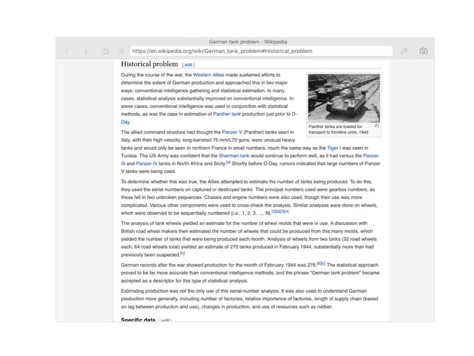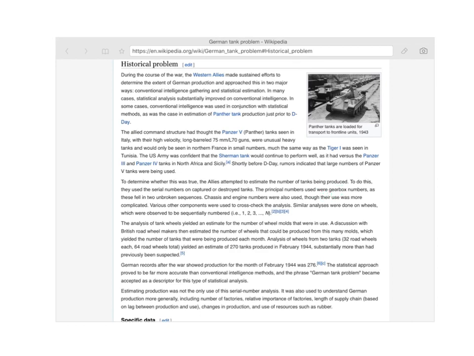They had heard rumors. Let me show you where it says that. Shortly before D-Day, there were rumors indicating that a large number of tanks were being used by the Axis powers, and the Allies wanted to determine if this was true. So they wanted to estimate the number of tanks produced.